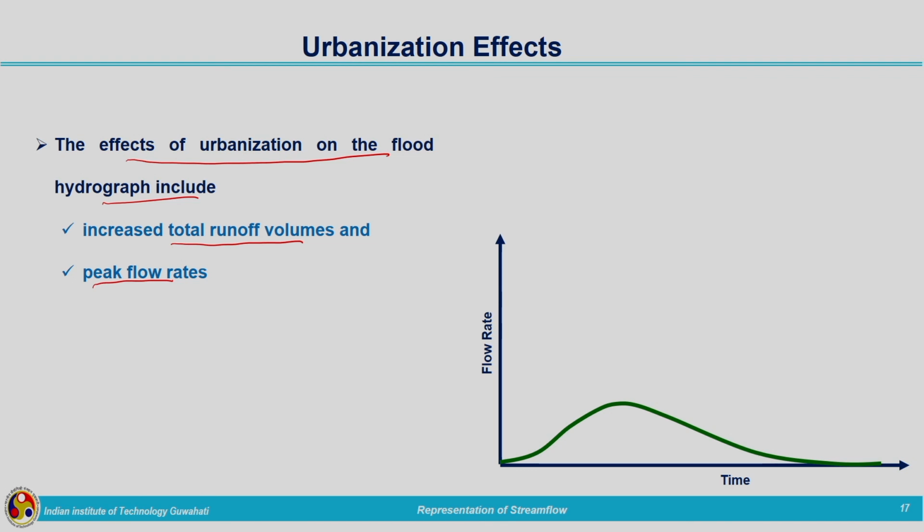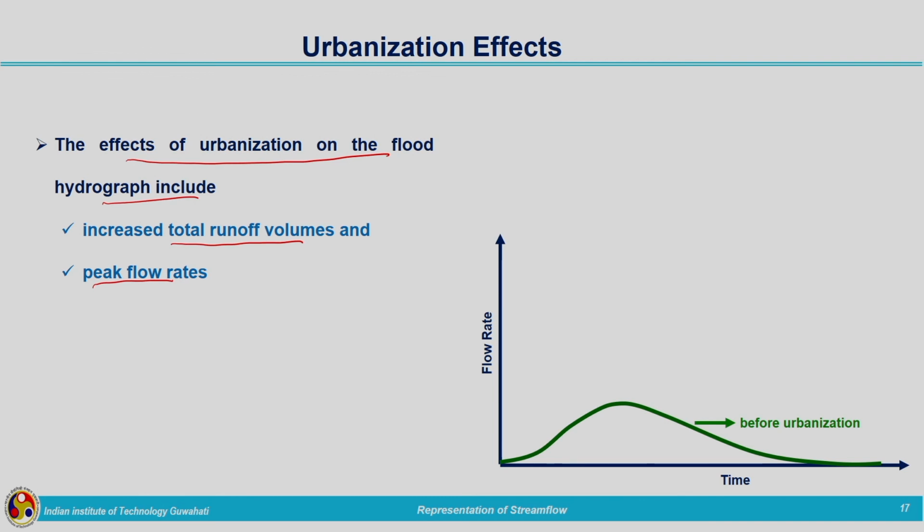This is the one which is having a flat peak, and the time taken for the runoff is very large. So, you can understand that this is before urbanization, and in the case of after urbanization, peak will be very high and time taken to peak to attain will be less.